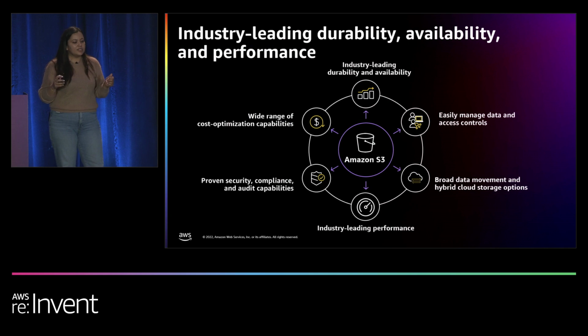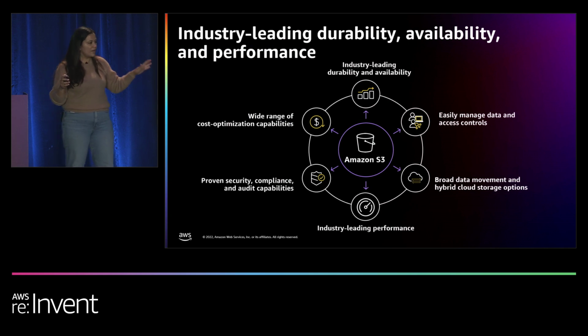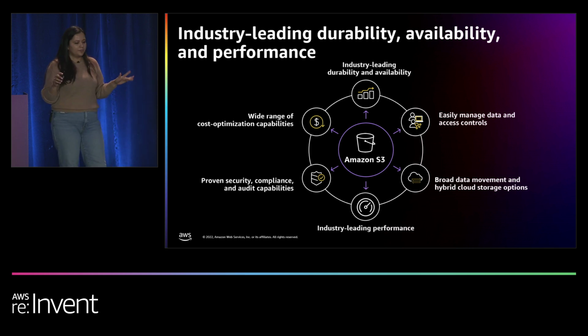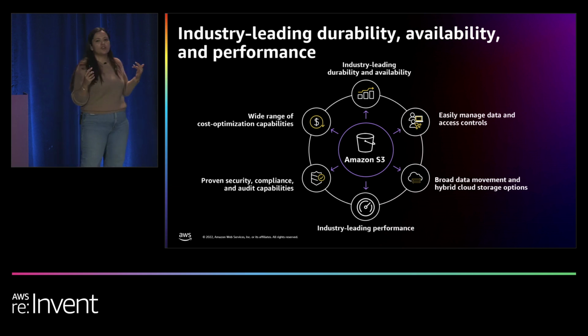Increasingly, customers are transitioning all their applications to the cloud, while some are just starting ground up in the cloud. And as a result of this shift, more and more customer workloads are moving to Amazon S3. Customers are choosing Amazon S3 for a variety of different reasons.